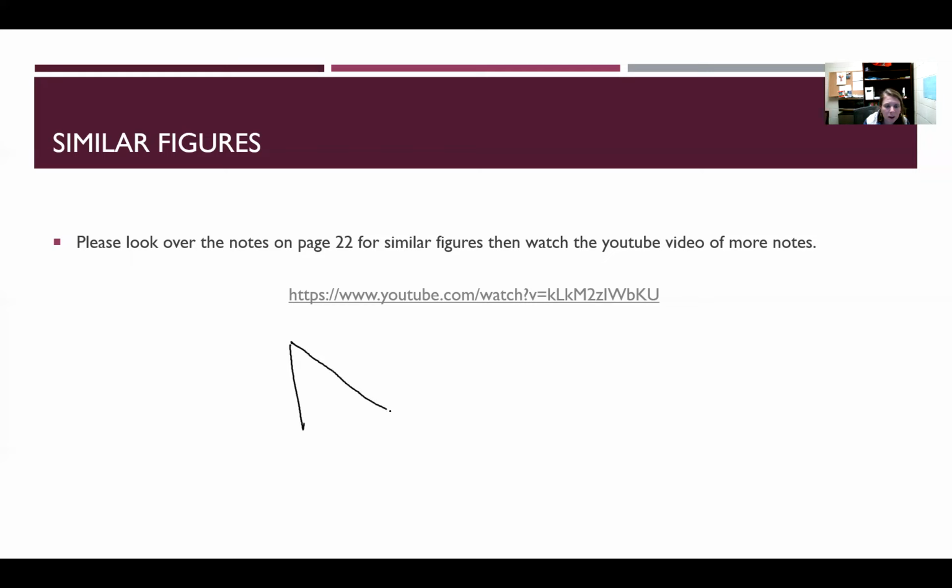So meaning if you have this triangle, okay, let's say this is A, B, and C. And then I have another one that looks just like it, but it's just a little bit smaller. And this is D, E, and F. These are what you call similar figures, okay? And so what that means is we're going to need to compare proportions. We can compare that this side is similar to this side, right? We can compare that this side is going to be similar to this side, and we know that this side is similar to this side, right?